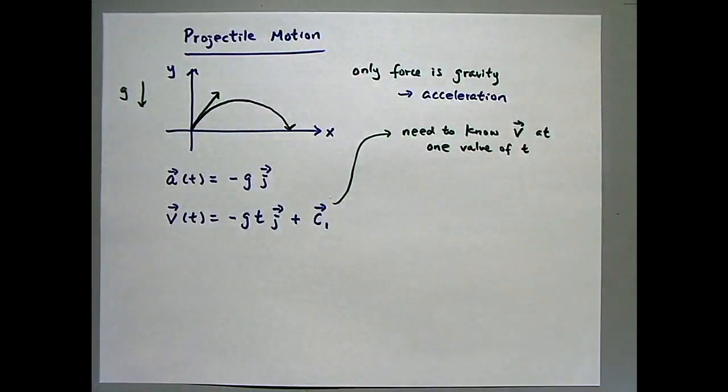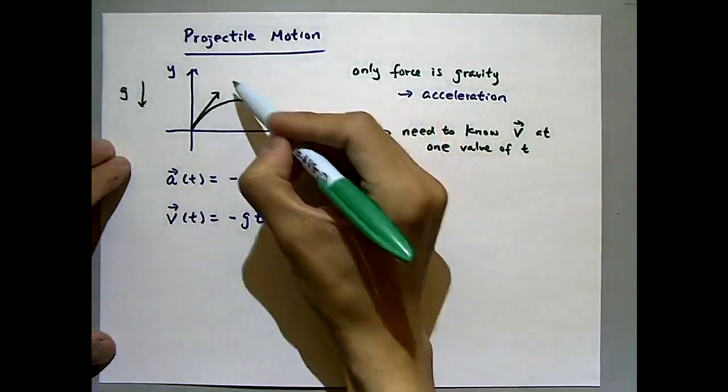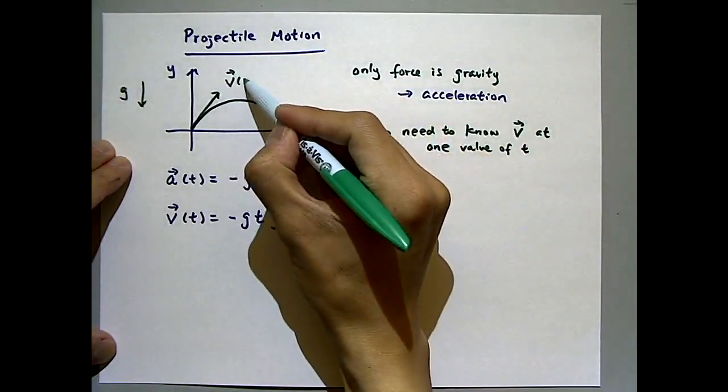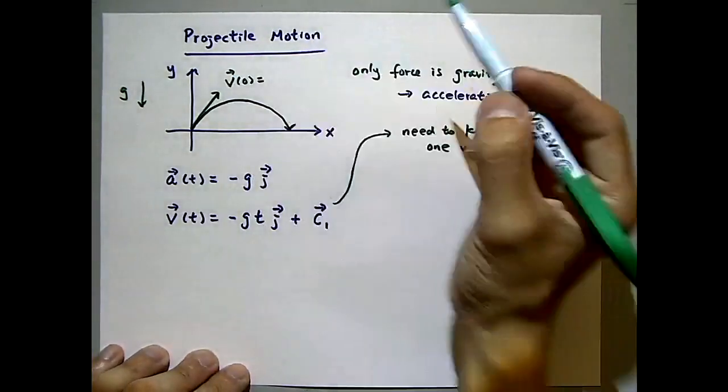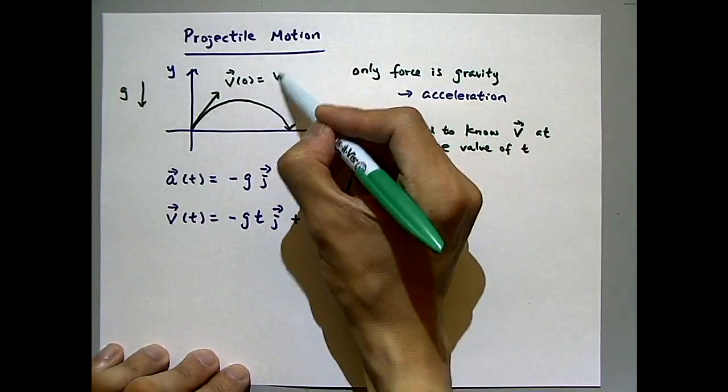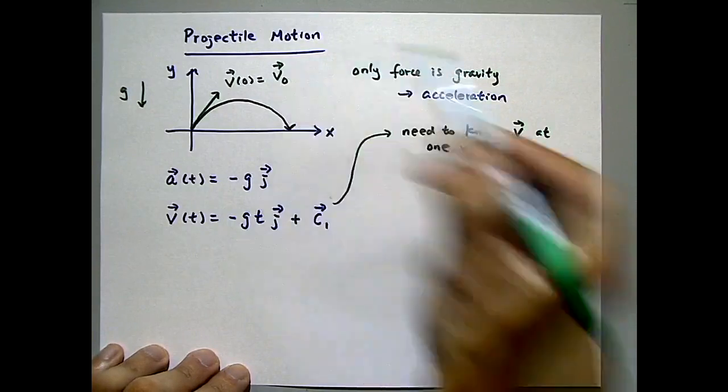So let's assume that we throw the ball with a constant initial velocity at t equal to 0, and let's call that vector v sub 0.